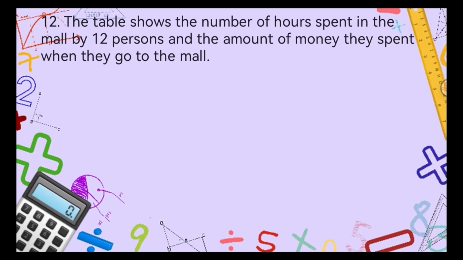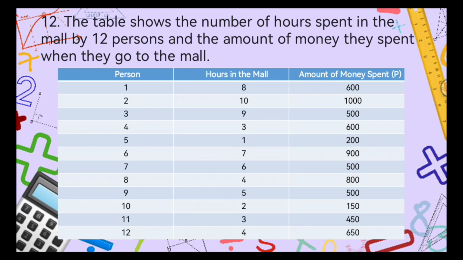In our situation, the table shows the number of hours spent in the mall by 12 people and the amount of money they spent when they go to the mall. So here is our table. Person 1 spent 8 hours in the mall and 600 pesos.